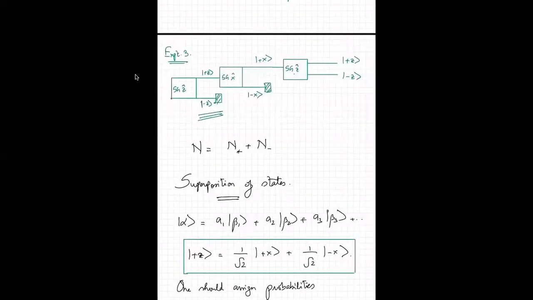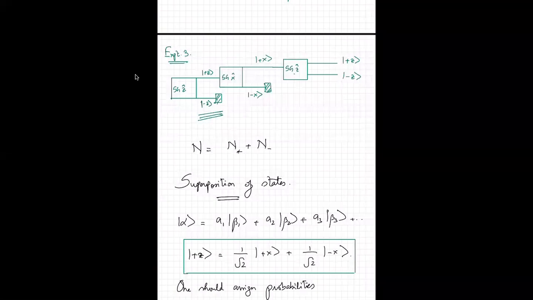Even though you don't expect it classically, because classically you say that if this was a statistical mixture of the two states, then of course, if you have blocked the minus z before, there is no way you can get the minus z again in the last stage of the experiment, right? But you know now, hopefully, after 1 month of quantum mechanics, that this is not a classical mixture of particles. It is not a statistical mixture of particles. But what is operating here is a linear superposition of states.